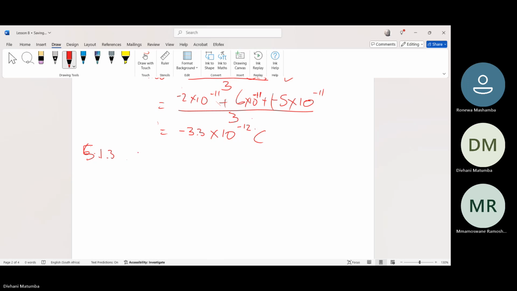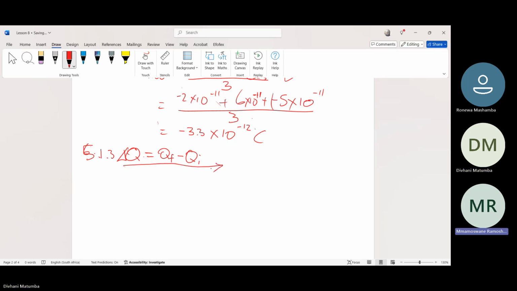Mamswan? Sir, I do not know. What is the formula of calculating the change in charge, Ronel? I also don't know. Do you remember this formula from grade 10?